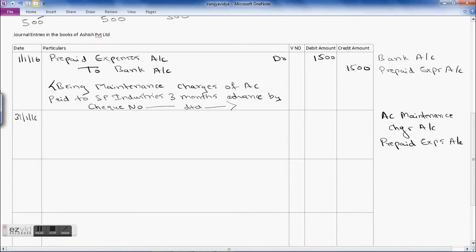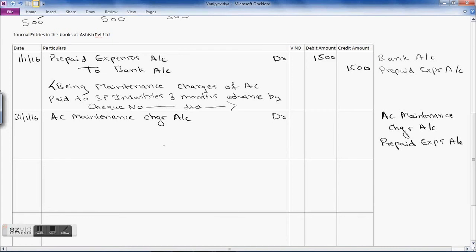So on 31st Jan 2016 we put AC maintenance charges account, debit. Now prepaid expenses is a representative personal account, debit the receiver, credit the giver.